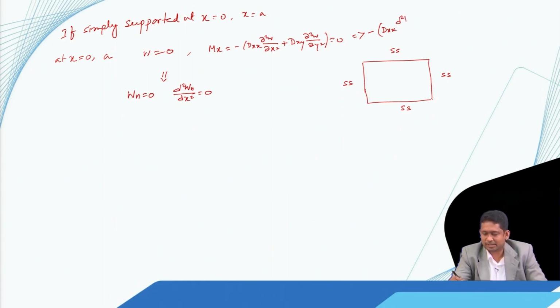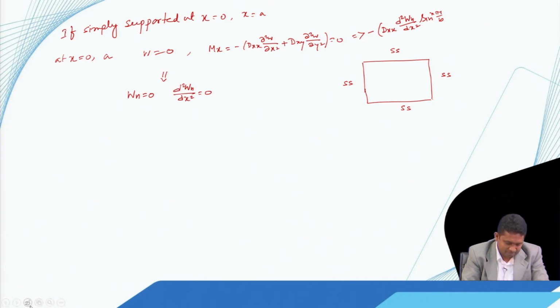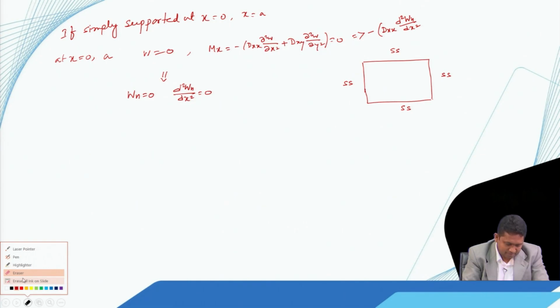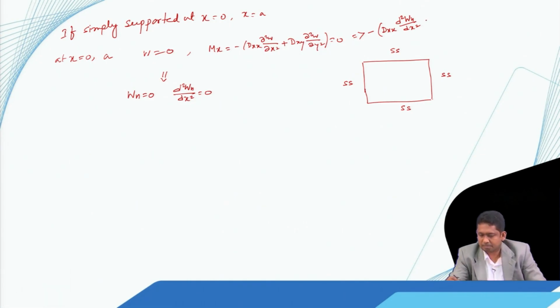So del 2w by del x2 becomes del 2Wn by del x2 into sin n pi y by b, and that we can take out and write separately, plus Dxy Wn, and then we have sin n pi y by b e to the power i omega t, and this sum goes from n equal to 1 to infinity.